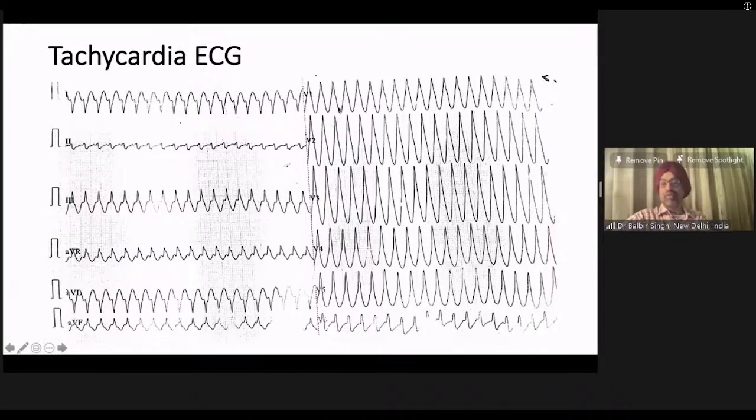The initial QRS looks like a delta wave, particularly in V5, V6, and this could be a regular pre-excited tachycardia. But to say this is VT also will not be completely off. Narasimhan, do you want to put any comments?